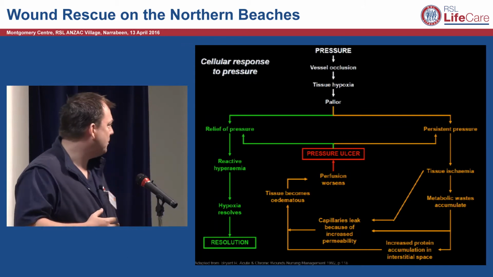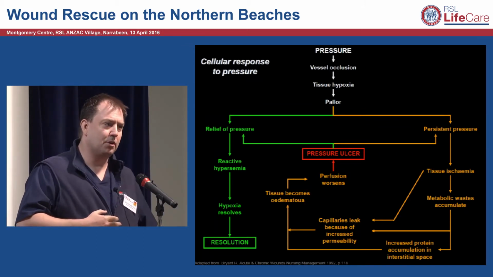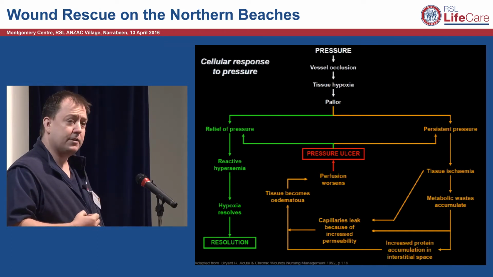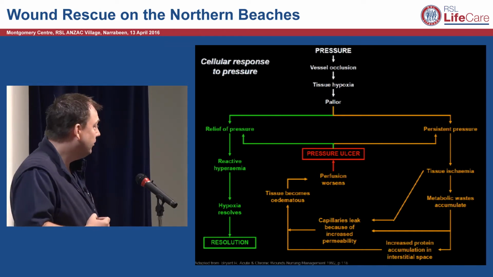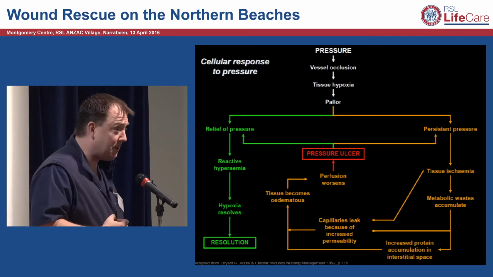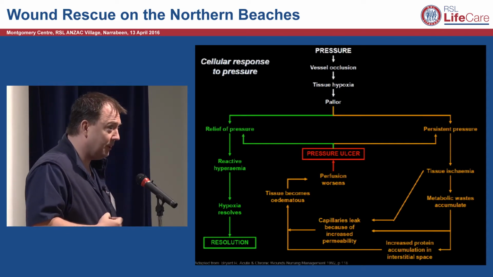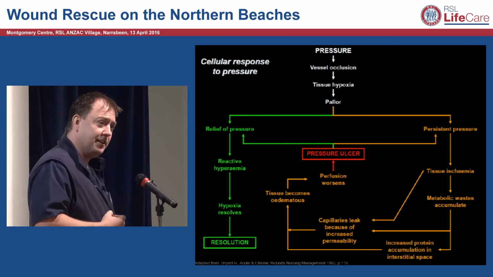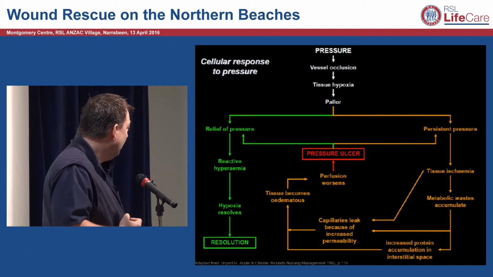So what happens with pressure? You're all sitting there listening to me yabber on, getting red bums. Okay? You get vessel occlusion on your bum. You're getting hypoxia, your bum's becoming pale. Believe me, if it's not already, mine's pale blue. It takes a week of sun tanning for me to go white generally. So what do you do?